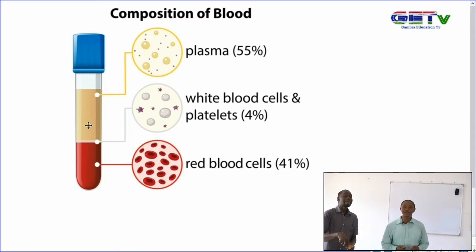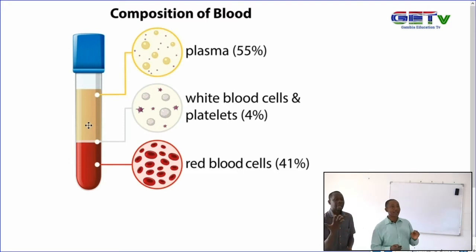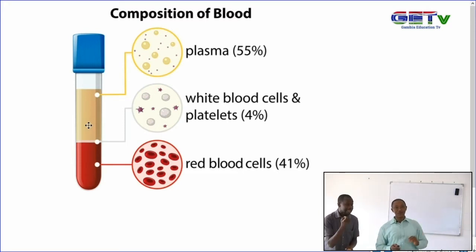It forms about 55% of the blood. Now, a tiny portion that forms the white blood cells and the platelets, you may not even see it properly in the diagram. That is the white blood cells plus the platelets. They form only about 4%. The rest, which forms the red blood cells, is about 41%, and it is the one that makes the blood red. So that's the composition of the blood.